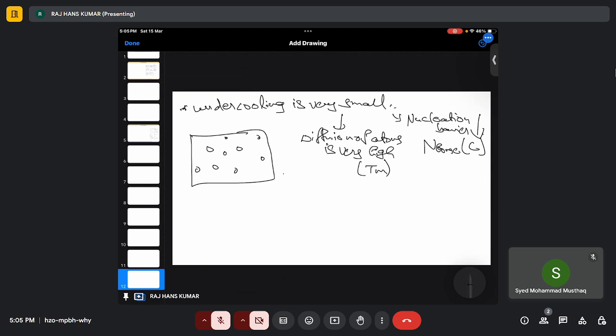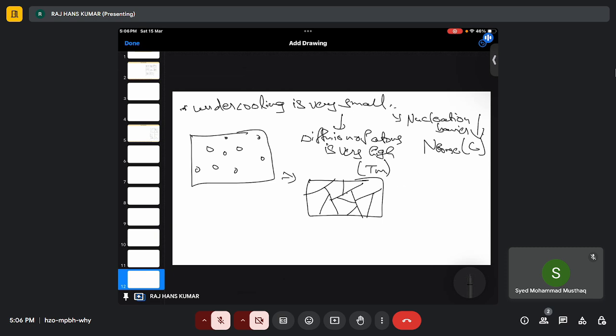But we have a large amount of diffusion. The grains will be larger, right? So the grains will be very much larger when compared to the high nucleation rate one.